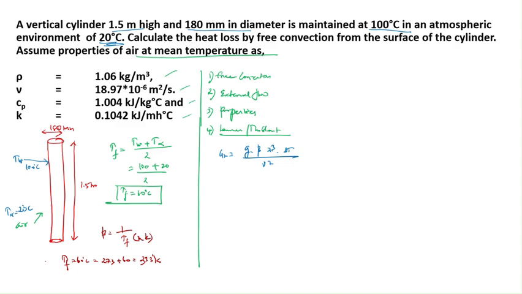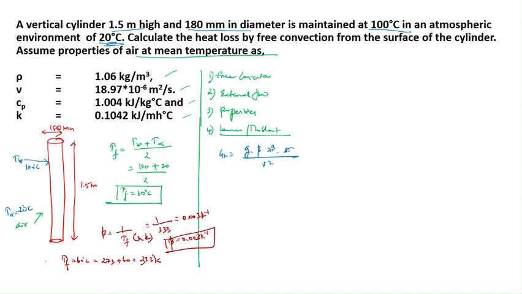Then 1 by T_f is equal to 1 by 333 Kelvin. We get beta, which is around 0.003 per Kelvin. That is beta. Now we can substitute the beta in this equation.